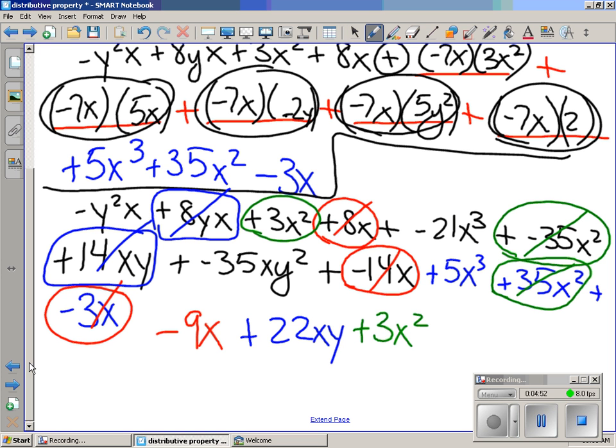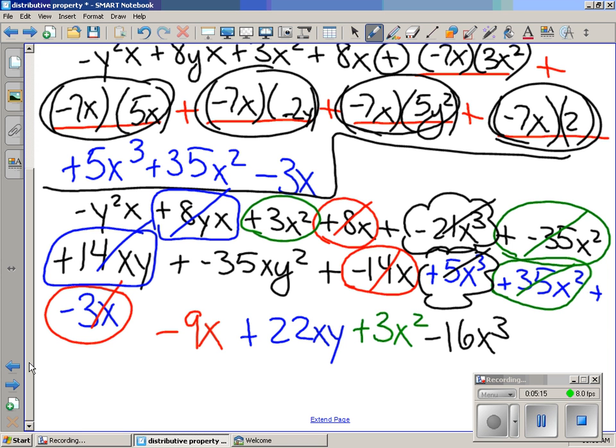Then from here, let's do the powers of 3. So we have 5x to the third, and we have a negative 21x to the third, so we have negative 16x to the third. Let's see if there are any more x to the thirds. Doesn't look like it.